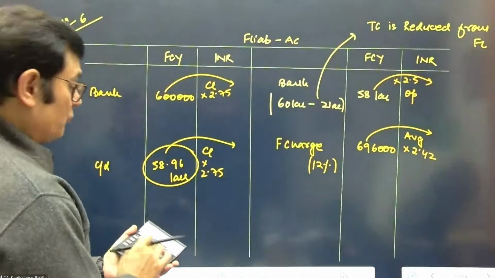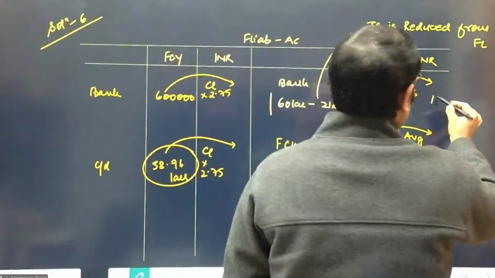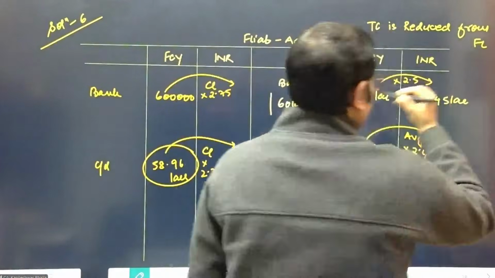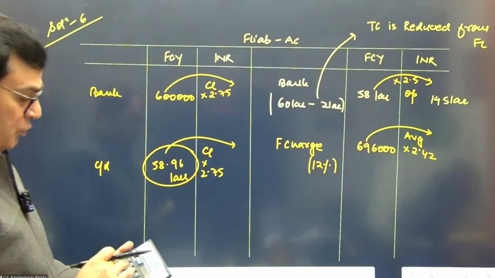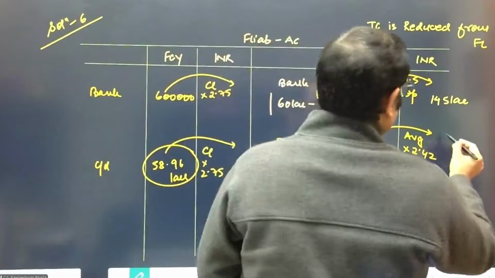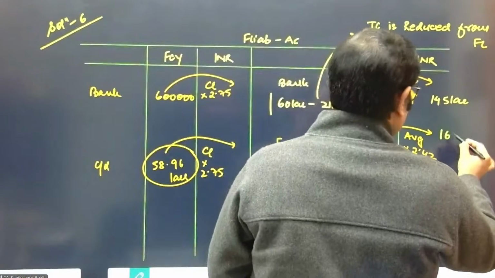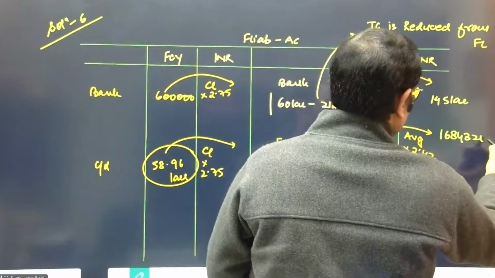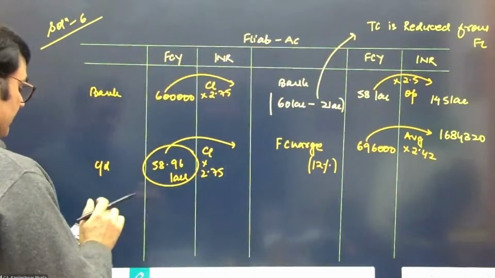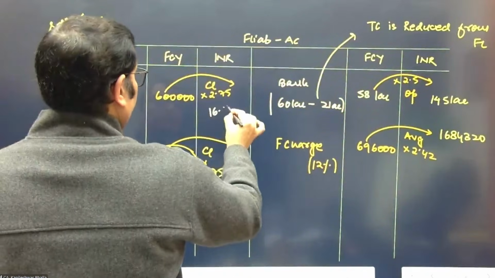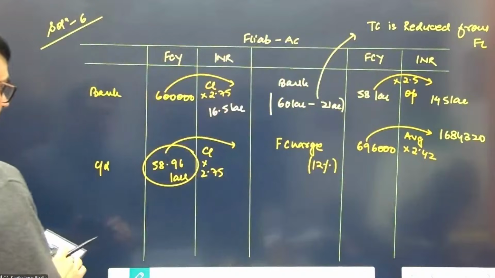This is into 2.5. This is 145 lakhs. Then 696 into 2.42 comes to 16,84,320. This is 16.5 lakhs.